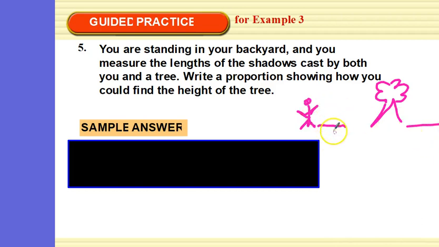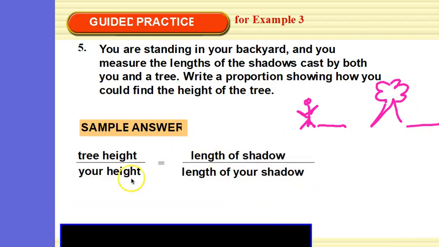Or your height is to your shadow as the tree's height is to the tree's shadow. There are different ways to set it up. As long as you're staying consistent, it will work. Tree's height to your height, tree's shadow to your shadow. Tree, you, or you, tree, either way.